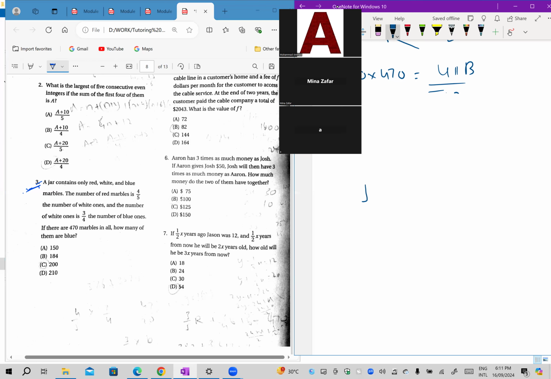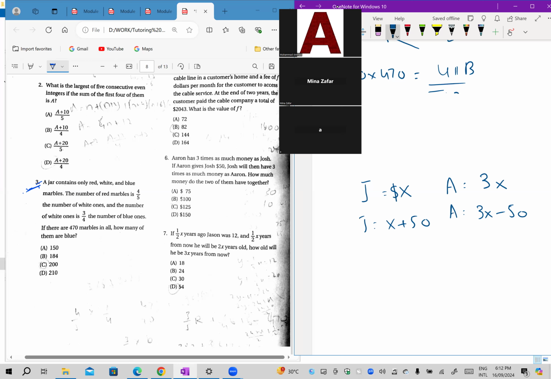If we say that Josh has X dollars, Aaron will have 3 times X, so 3x. Then we're saying if Aaron gives Josh $50, that means we're going to subtract 50 from his amount and add 50 to Josh's amount. So the 50 moves from there to here.